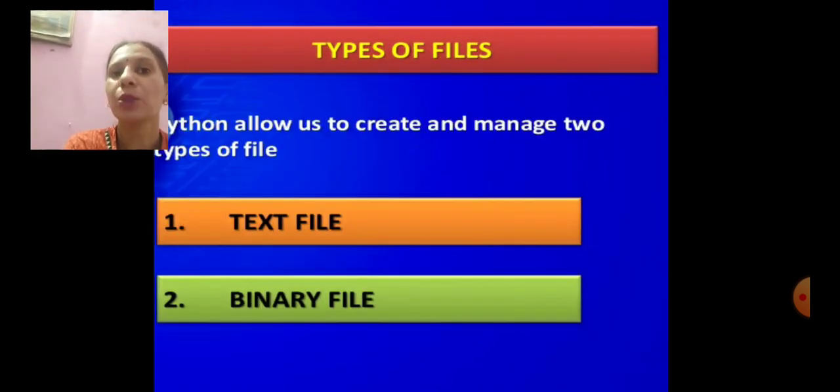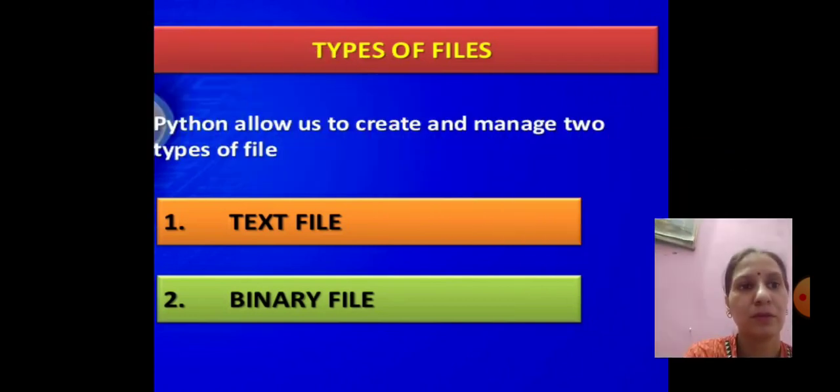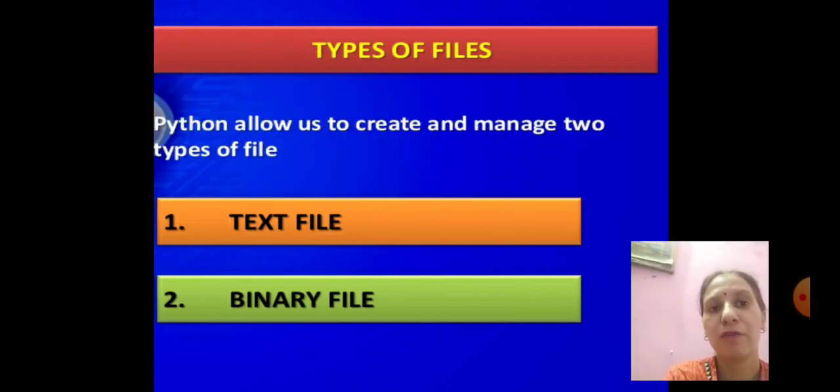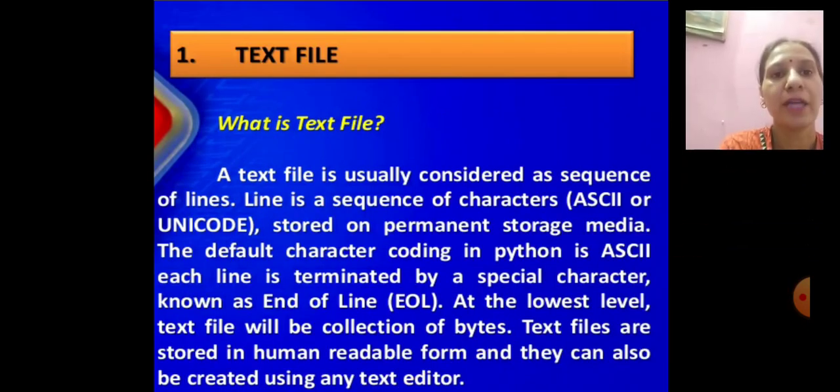Now there are two types of files. First is a text file and second is a binary file. A text file is considered as a sequence of lines, and the data we store in text files is in the form of ASCII or Unicode.